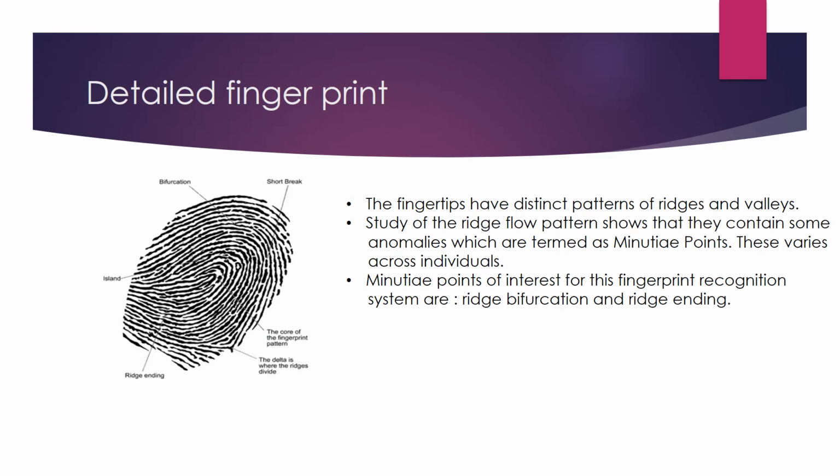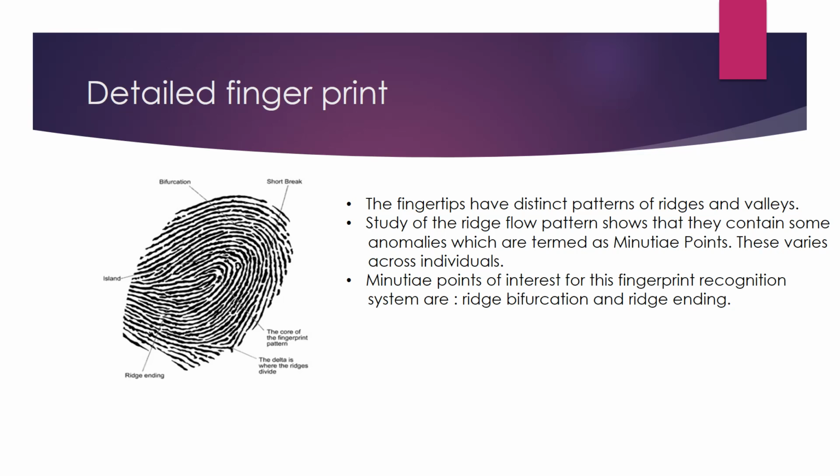Now, the fingertips have detailed or distinct patterns of ridges and valleys. The identification of these patterns helps in fingerprint recognition as it varies across individuals. Study of the ridge flow pattern shows that certain anomalies, which are termed as minutiae points, exist. These points consist of mainly ridge bifurcation points, where the ridge divides into multiple branches, or the abrupt endings or terminations.